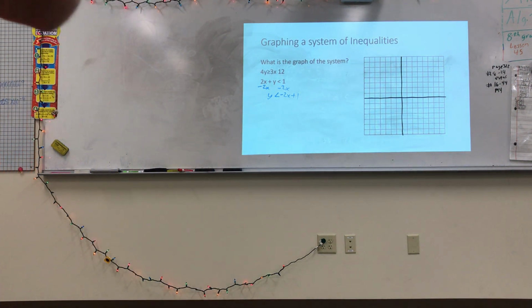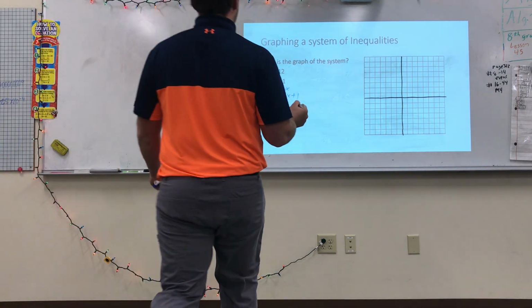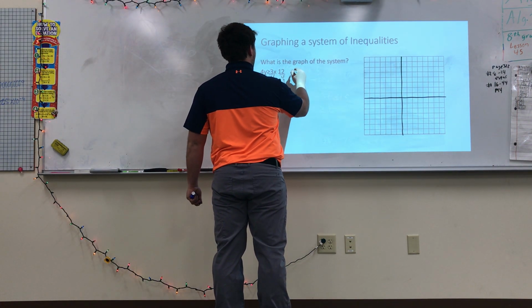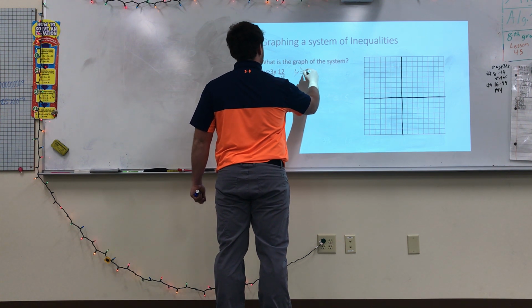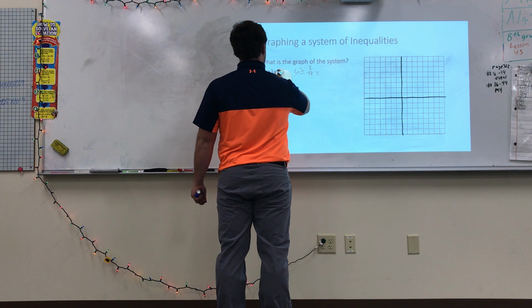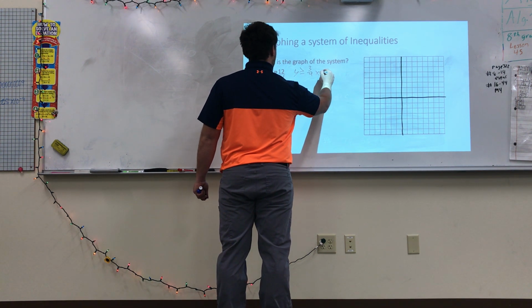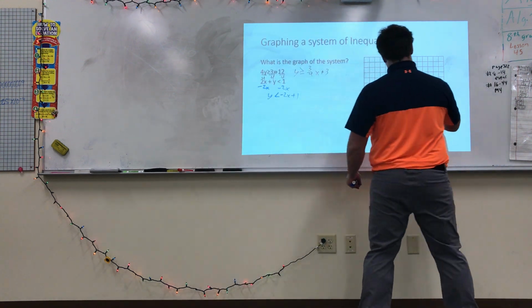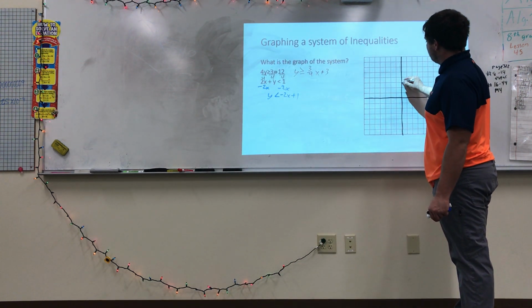Now, we have to find the other equation, and then we're going to graph them both. Alright, so we're going to divide by 4, divide by 4, divide by 4, divide by 4. We should get y is less than or equal to 3/4 x plus 3. Alright, so positive 3. 1, 2, 3.